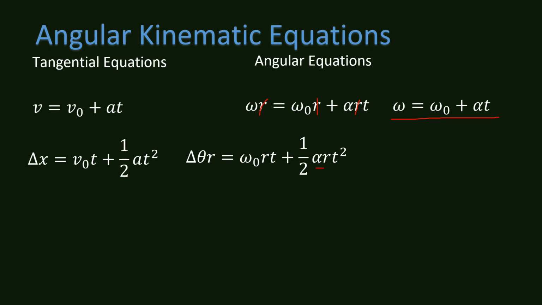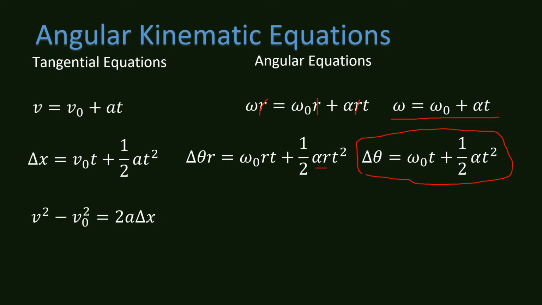So all these r's of each term will cancel out. And so we have this equation, which is very similar, except for the fact that we're solving for rads here, and it's going to be equal to the initial angular velocity times t, the time, plus 1/2 of the angular acceleration times t squared.